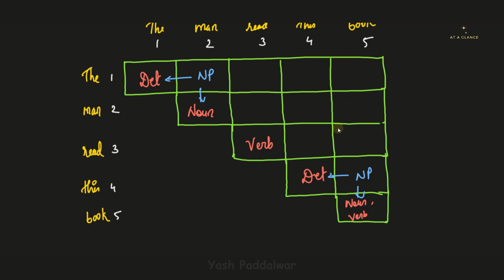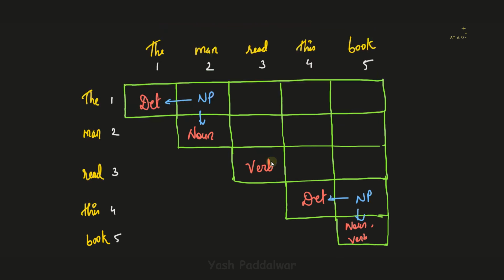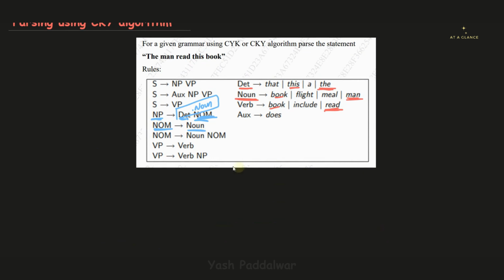Let's move a step ahead and try to check whether the further combinations are possible. Now over here you can see we have NP. Let's try to check whether NP and verb are appearing together in the grammar rules. So in the grammar rule, if you see, we have this particular rule NP and verb where both these things are appearing together and it is forming VP.